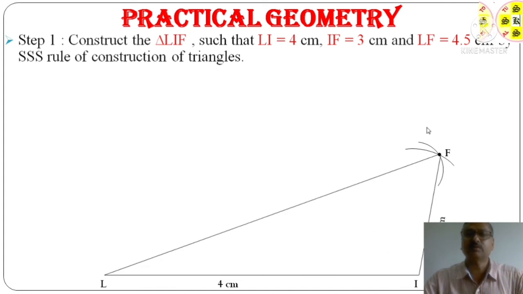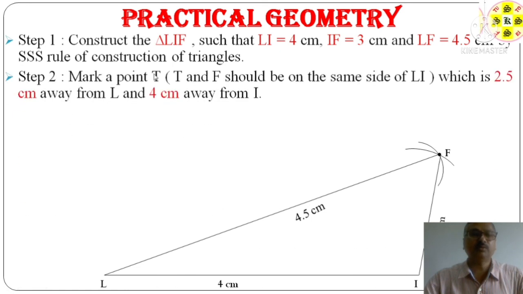Now again, this is LF, 4.5 centimeter, we mark this point. So the triangle LIF as per the given measurements is complete. Now we will mark a point T, such that T and F should be on the same side of LI. Already I have written they should be on the same side of LI.